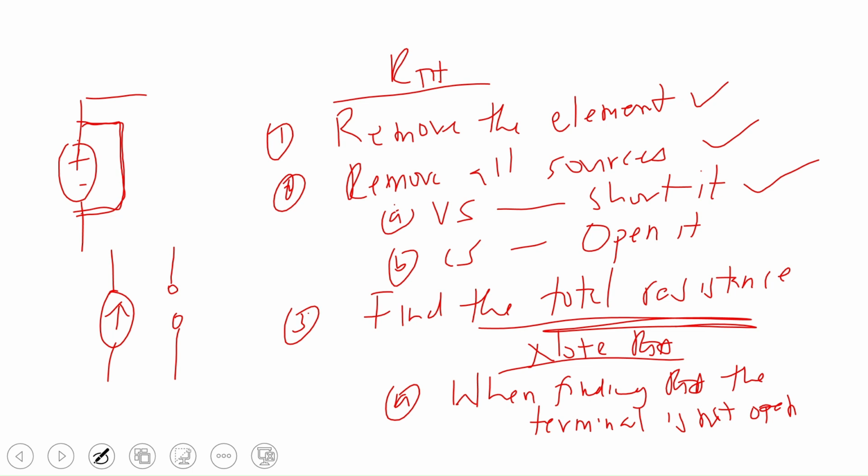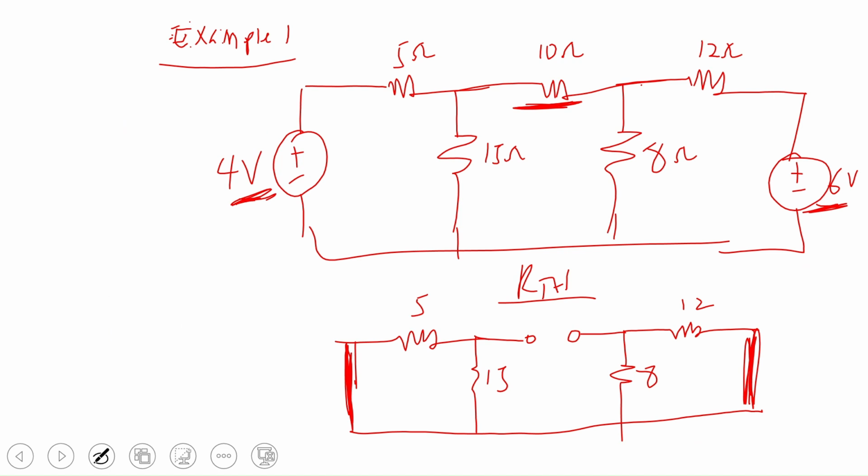Because if you put an ohmmeter there, as I said, it actually pushes an amount of current. So that place is filled up. To help students, know that when you are finding RTH, you are finding RTH at this terminal. This terminal is not an open place because your ohmmeter is going to be there. For the VTH, it's an open circuit voltage you are measuring, right?